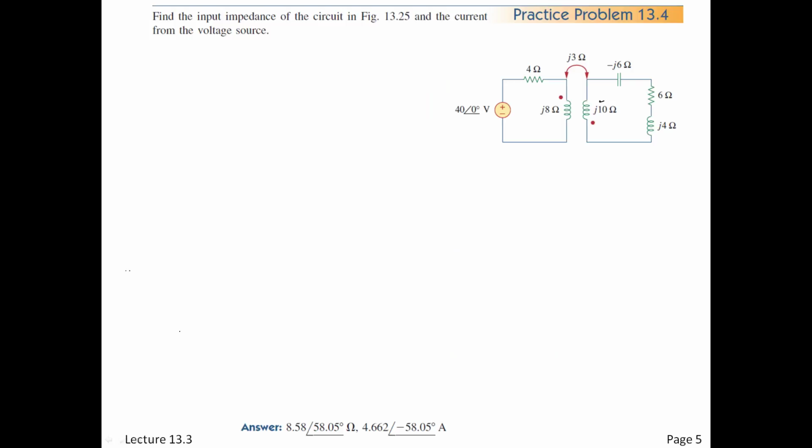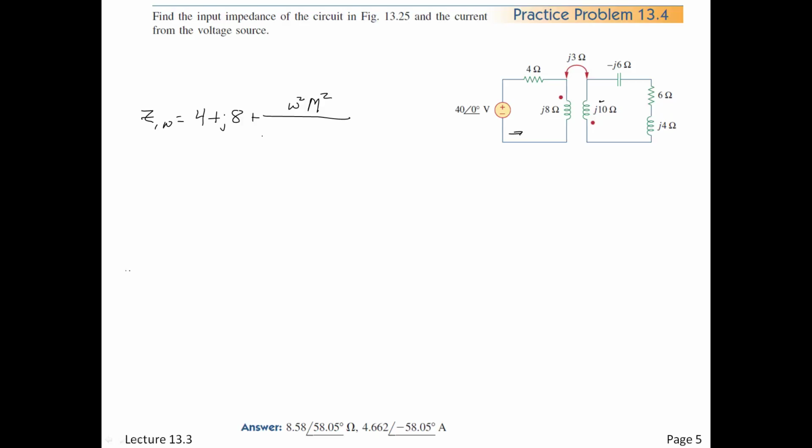All right, so let's try this practice problem. You have some examples there in the text, but let's do this one. So we can find the input impedance, right? We want what's looking in here. So we have a Z in, and we know there's going to be a primary part, which is 4 plus j8, plus a reflected part, which is going to be omega squared m squared, I'll just write it this way first, over what?